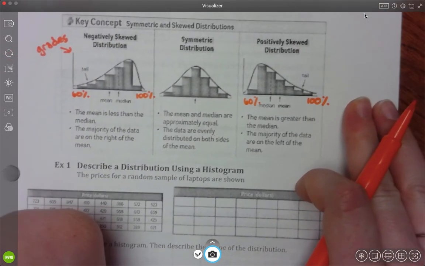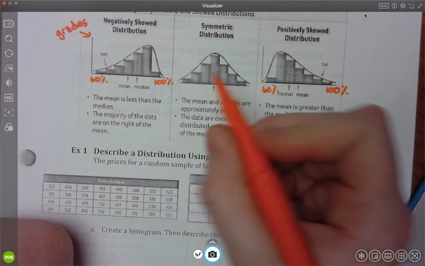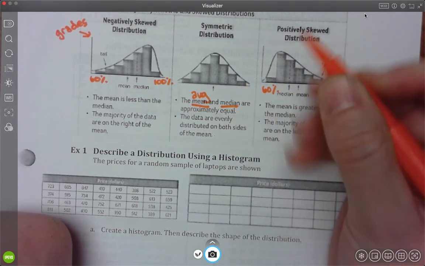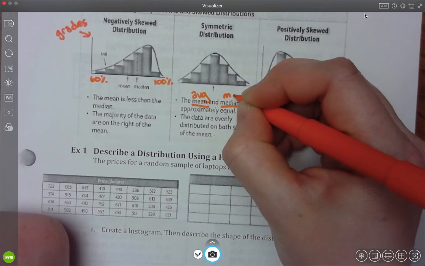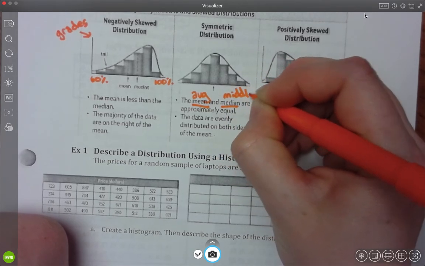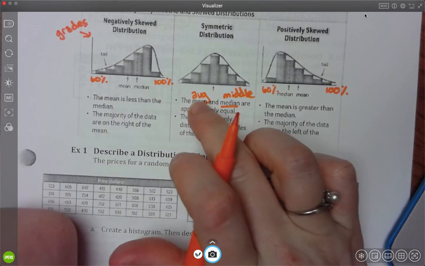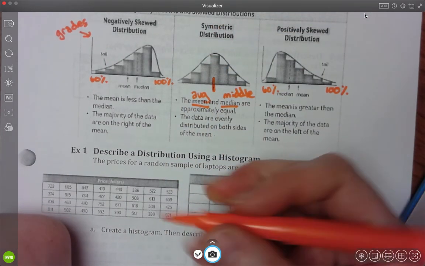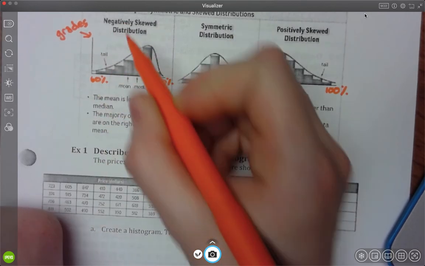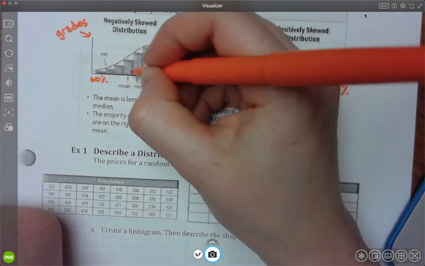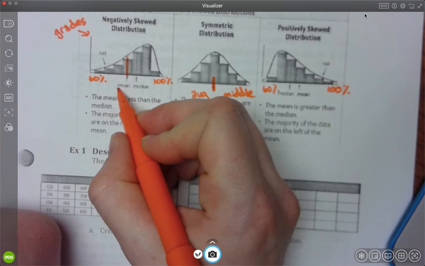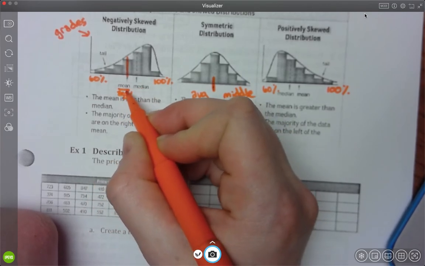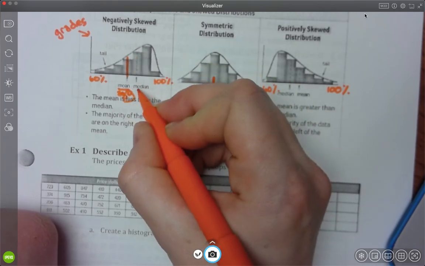Things to note: for a symmetric distribution, your mean, or your average, is going to be about the same as your median, which is your middle number. So in a data set, your average number and your middle number will be about the same right here in the middle. When you're looking at a negatively skewed distribution, the average, or your mean, is going to be lower than your middle number.